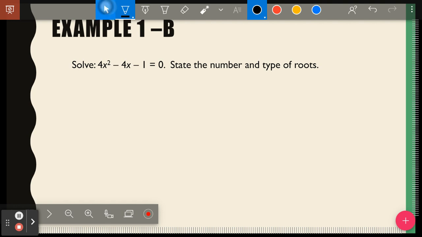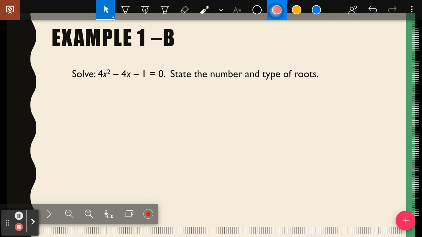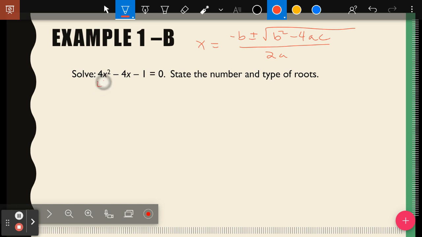Some of you are going to be very grateful that I'm sick right now because I can't sing it. But this is where you would do -b plus minus square root b squared minus 4ac, all divided by 2a. Here a is 4, b is -4, c is -1.